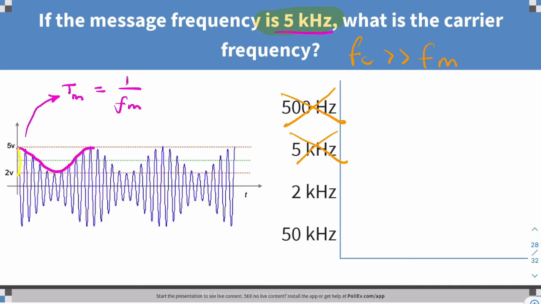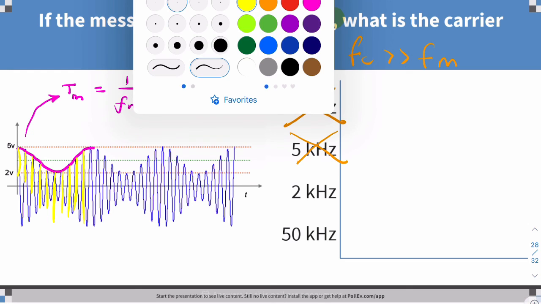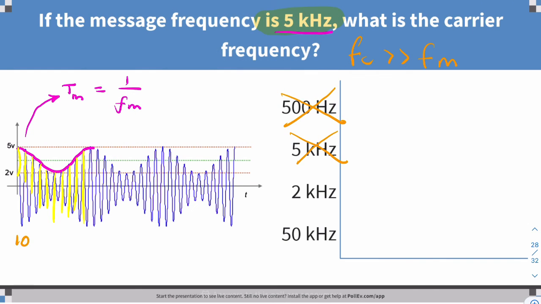We have 1, 2, 3, 4, 5, 6, 7, 8, 9, 10. So we've got 10 cycles or periods, 10 cycles of the carrier in one cycle of the message.